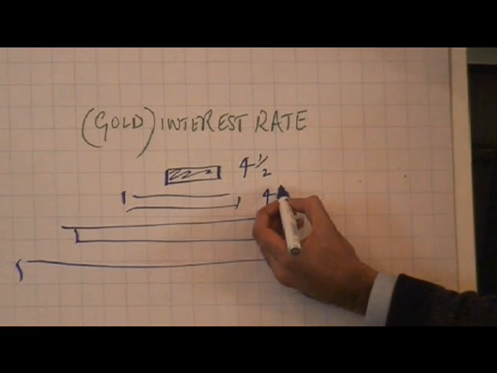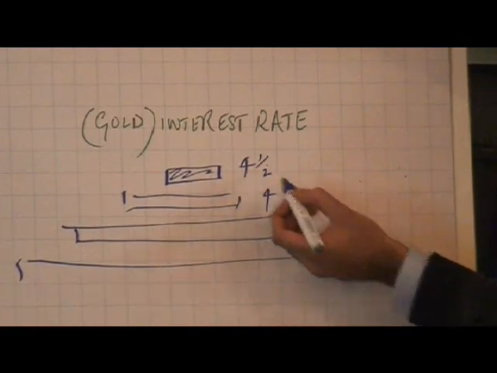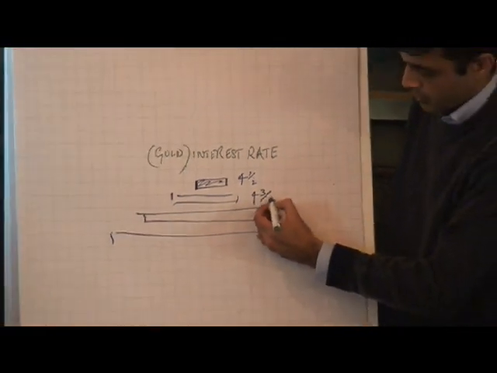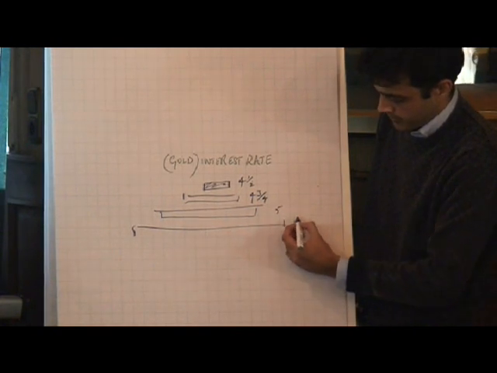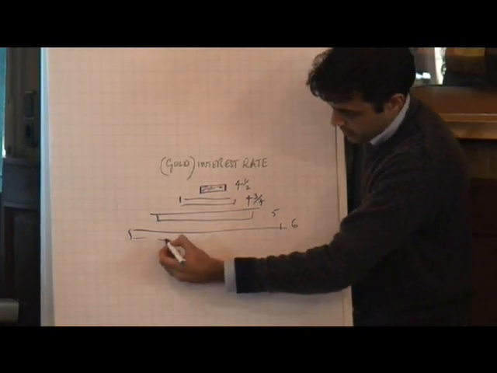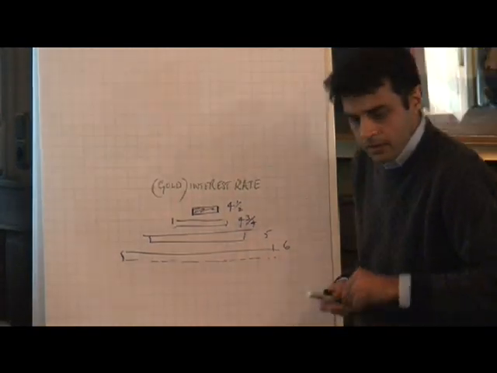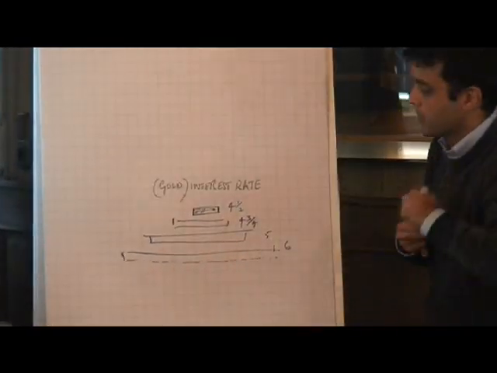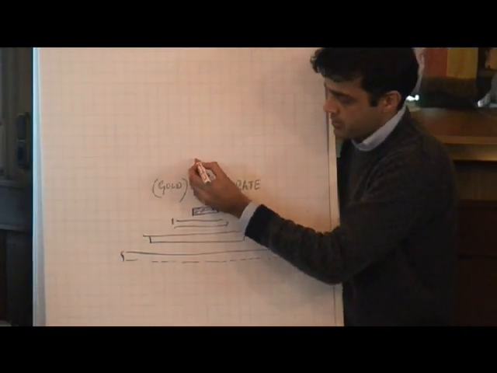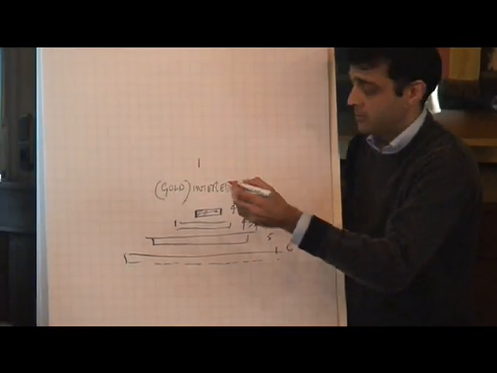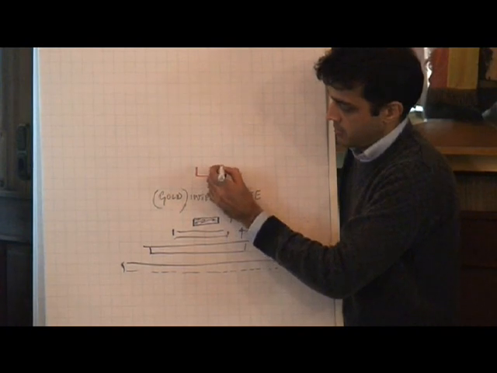There are other people waiting down here. That's 4.5. Let's make that 4.75. 5, 6. And then you have the interest rate offered, or asked, if you're not British.